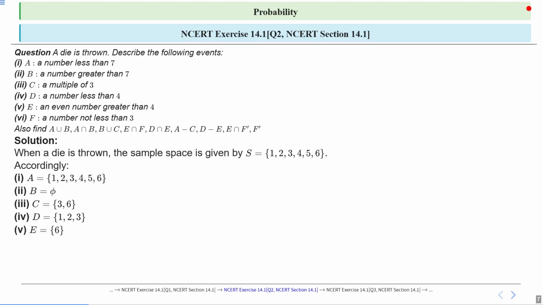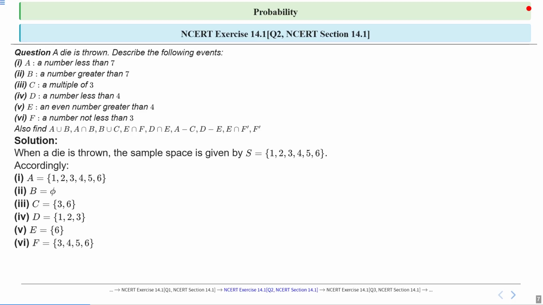And then event E contains all those numbers which are even and greater than 4. In the sample space there is only one element, that is 6. This number is even and also greater than 4. So event E is nothing but the singleton set {6}.